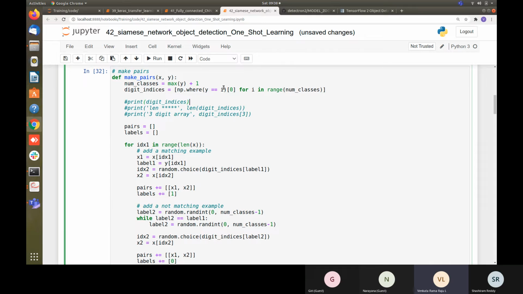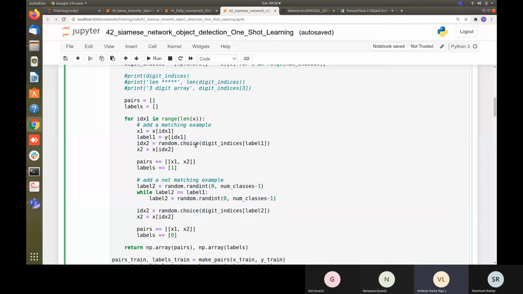The range of classes is 0 to 9. For class 0, I have taken all the digit indexes, and for class 1, all the digit indexes. So there is a two-dimensional array with the first row belonging to all 0 classes, the second row to class 1, and so on.